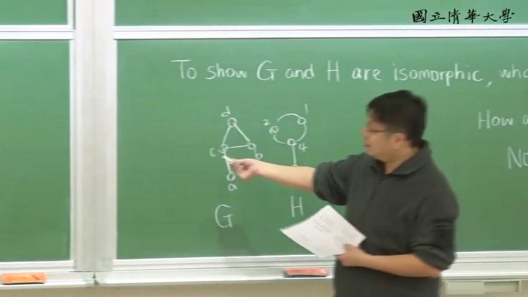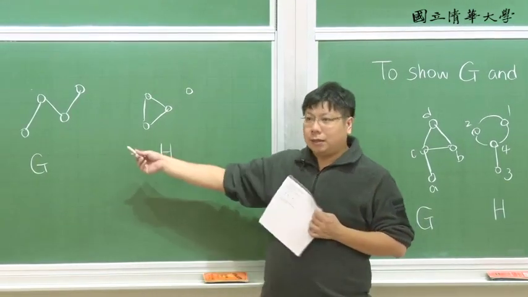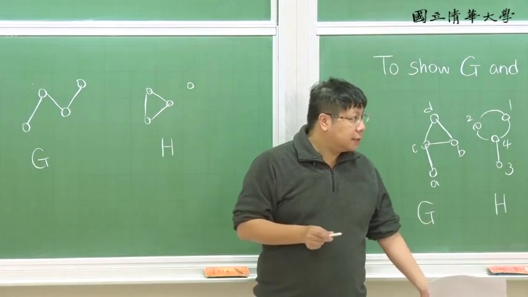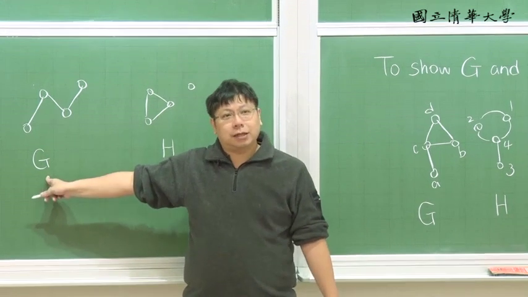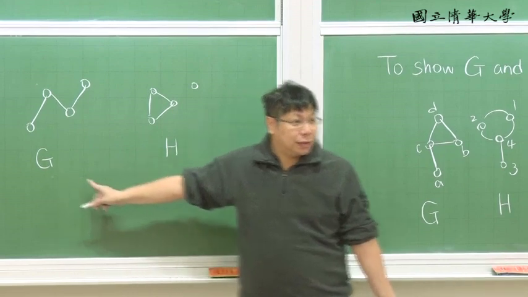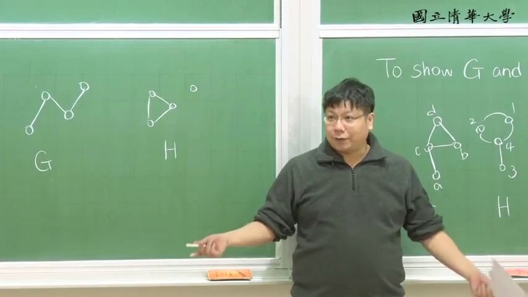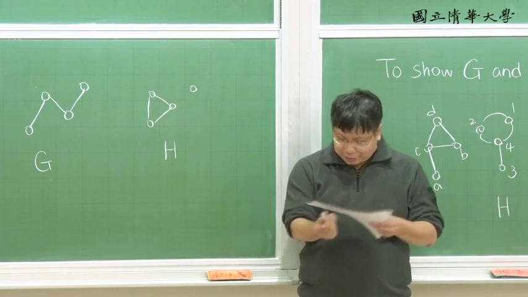There are many different ways to show that, but if they are isomorphic, they should have the same graph properties. If you look at G, it has only one connected component. Everything is connected. G is a connected graph. H is a disconnected graph. So a connected graph and a disconnected graph cannot be isomorphic. Does that make sense? Okay, good.